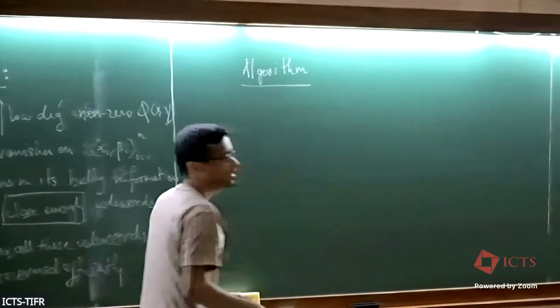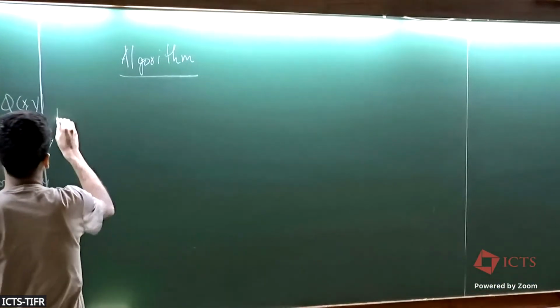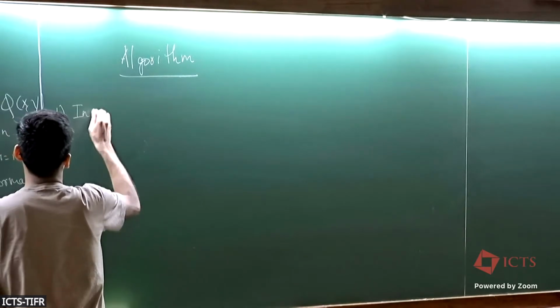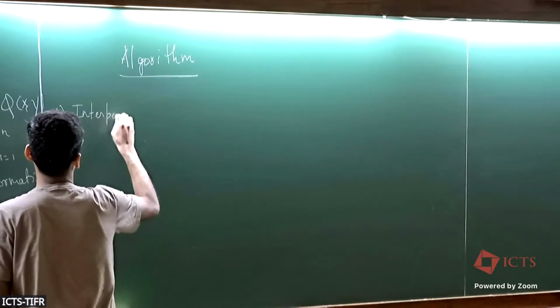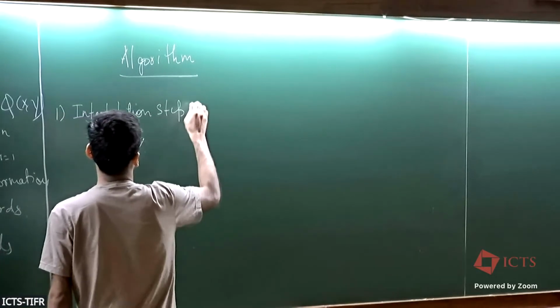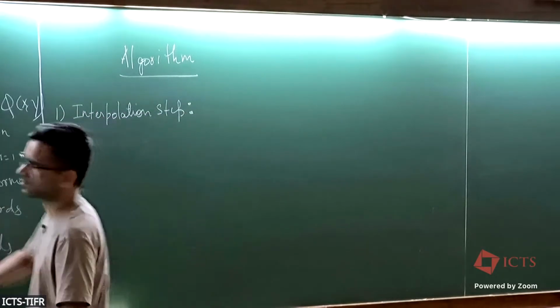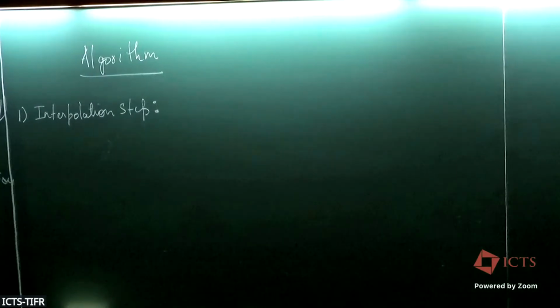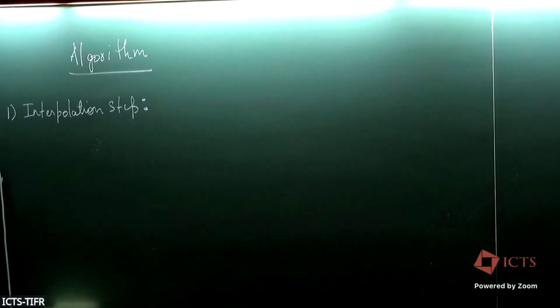The algorithm really just has two steps. The first step is the interpolation step. And this step is going to be like this. We'll try to get our hands on some low degree Q of xy of a nice and special form that vanishes everywhere on the given data.